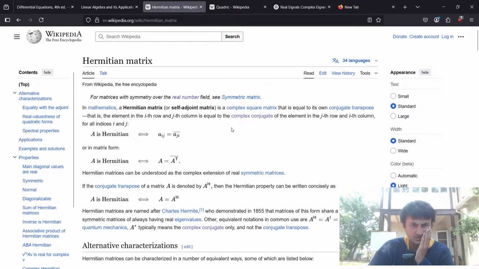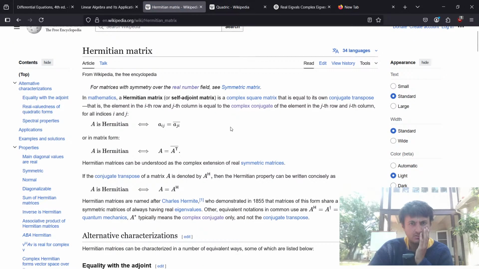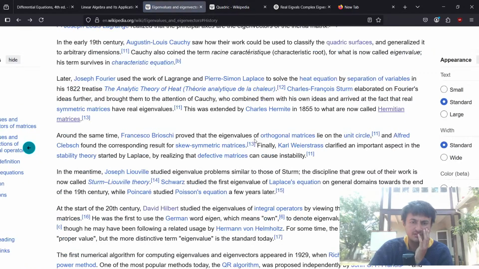Hermitian is just the conjugate transpose. That's what it is.